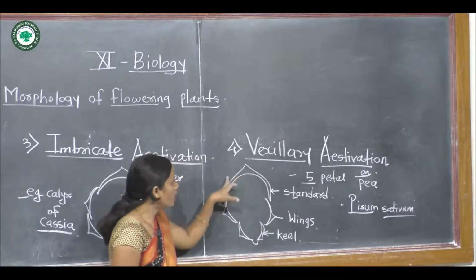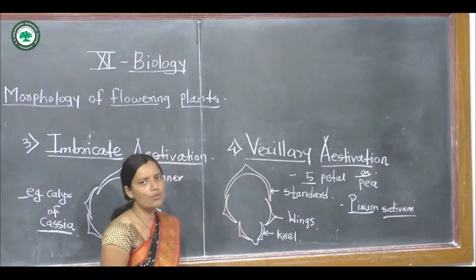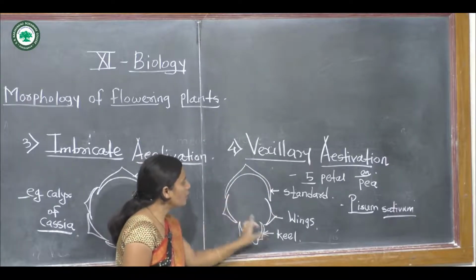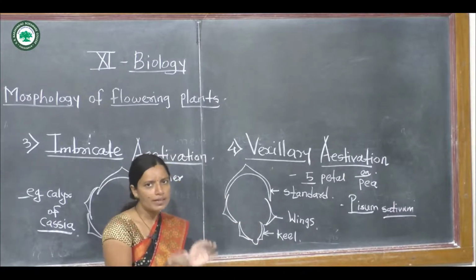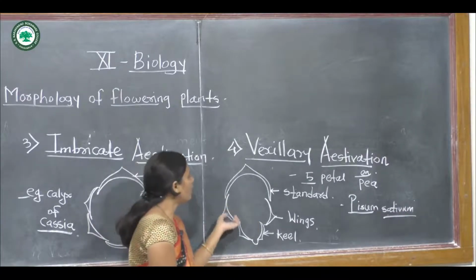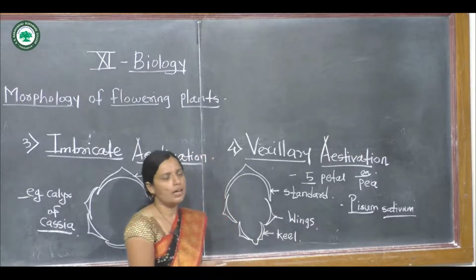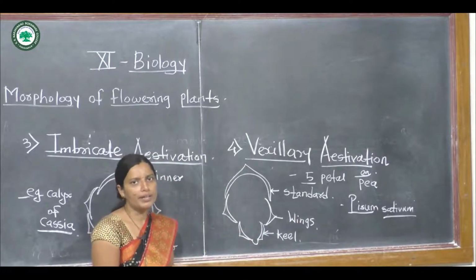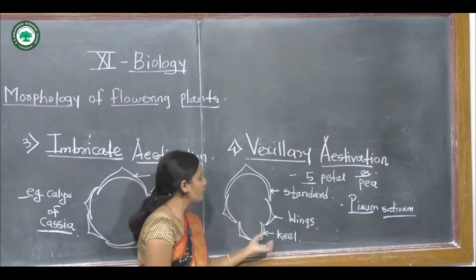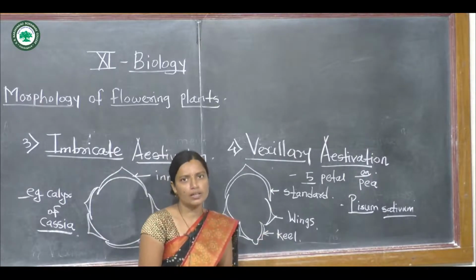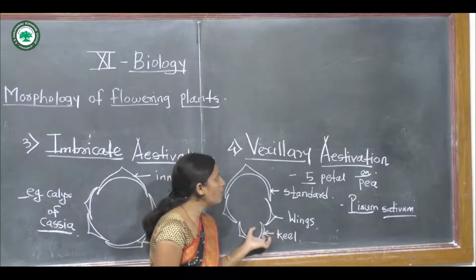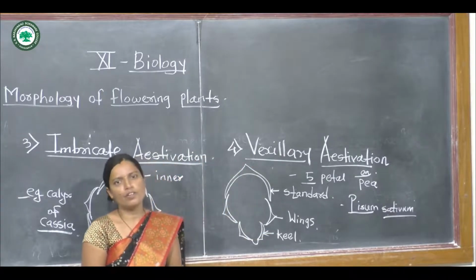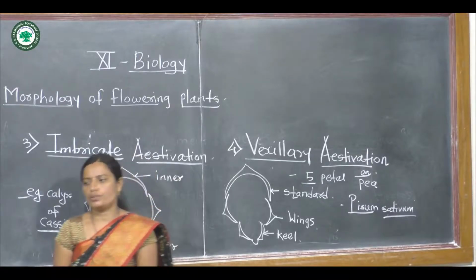One petal is the largest, and it is called the standard or vexillum. The two inner or lateral petals are called the wings, and the two smallest joined petals are called the keel, which looks like a boat shape. This is the vexillary aestivation.